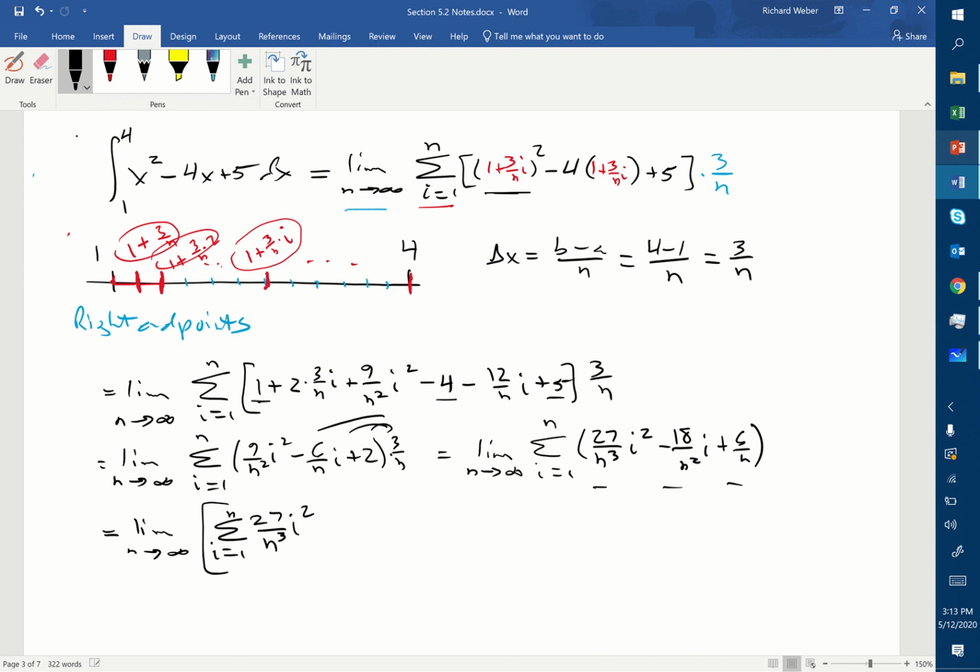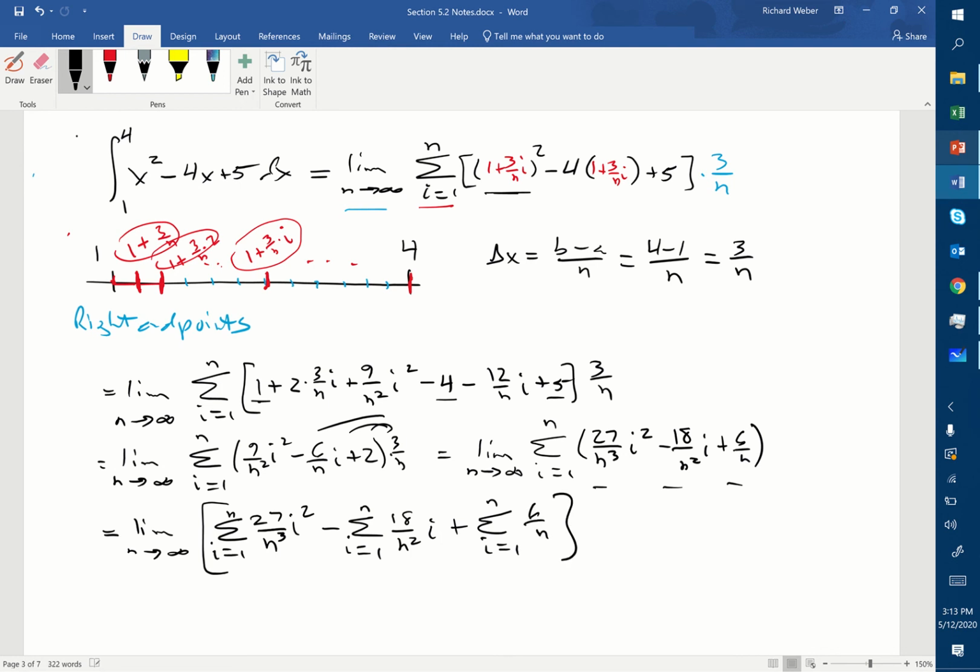Okay, I'm going to come back to that. And then I'll say minus summation i equals 1 to n, and there's a reason to do this, and I hope it makes sense to you that that happens. And then finally plus summation i equals 1 to n, and this is 6 over n, like that.